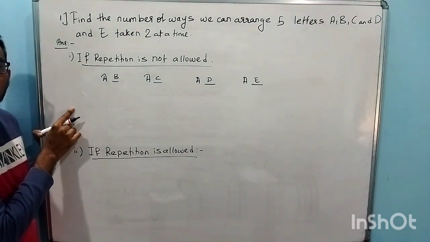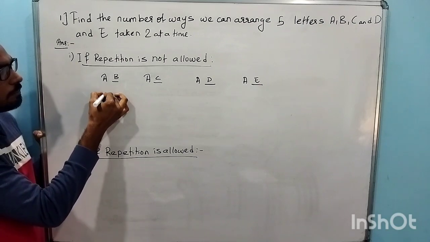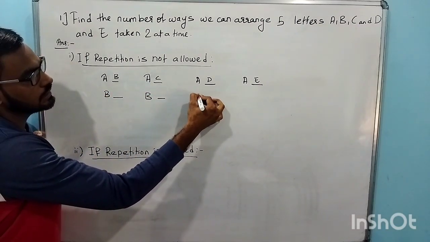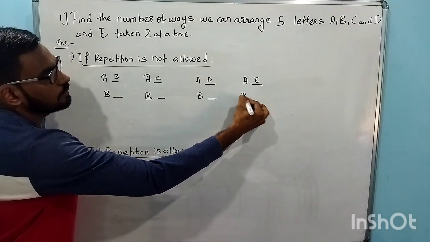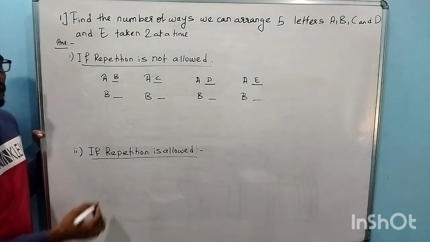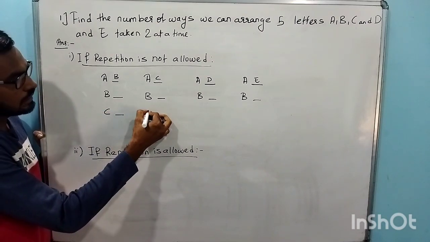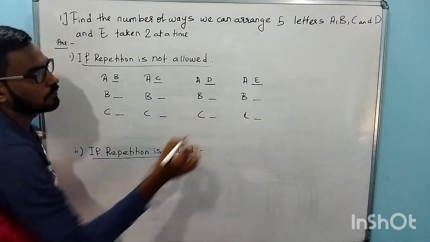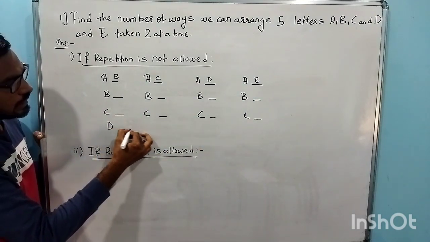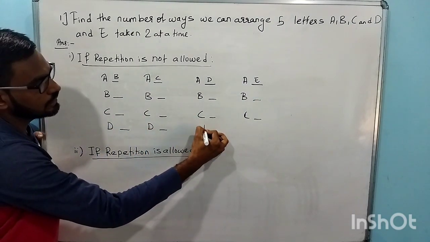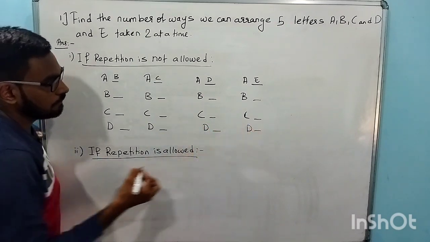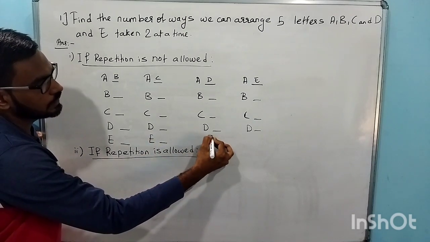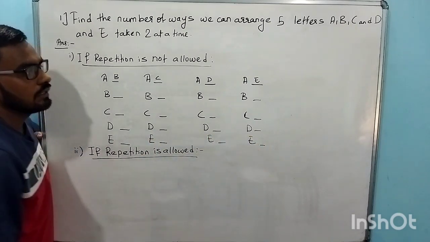If the first place is B, again the second place can be filled in 4 ways. If the first place is C, the second place can be filled in 4 ways. If the first place is D, again the second place can be filled in 4 ways. And if the first place is E, again the second place can be filled in 4 ways. Understood?